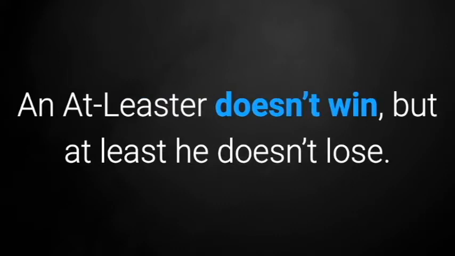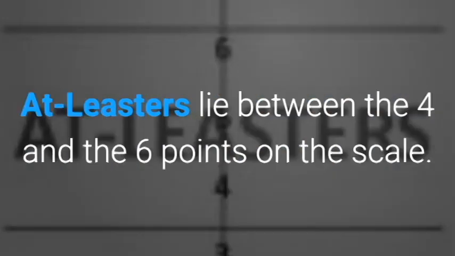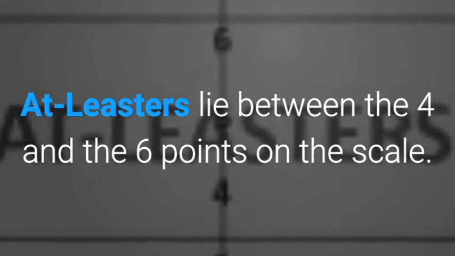So let's start with the at-leaster position. This position means what it says. An at-leaster doesn't win, but at least he doesn't lose. The vast majority of humanity falls into this category. At-leasters lie between the 4 and the 6 points on the scale.